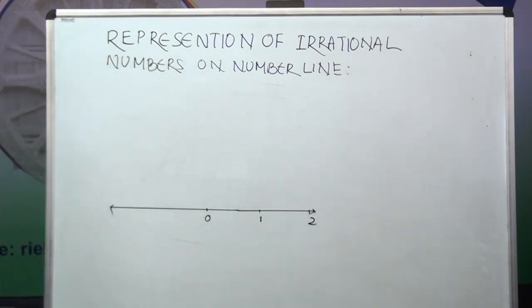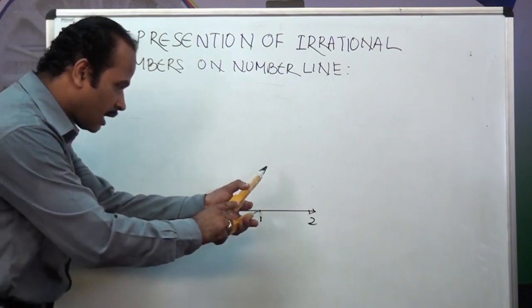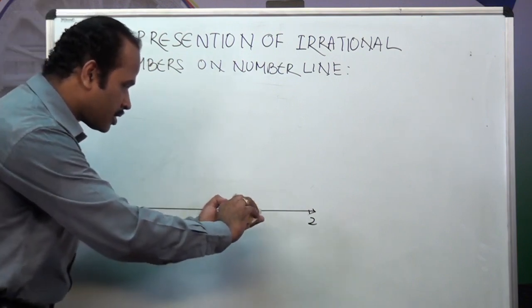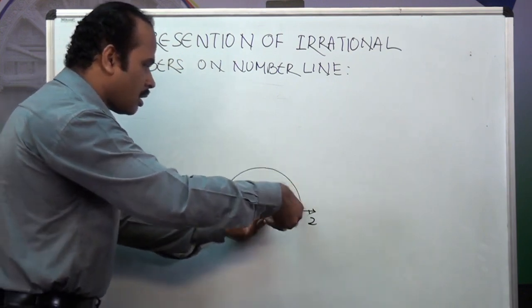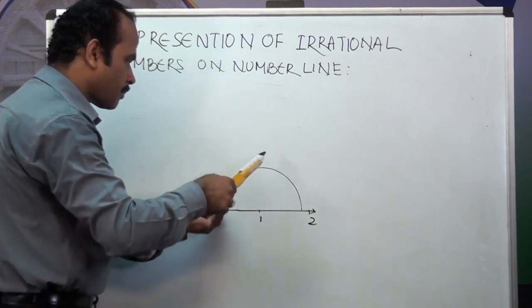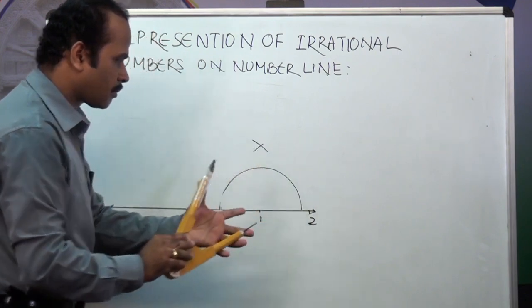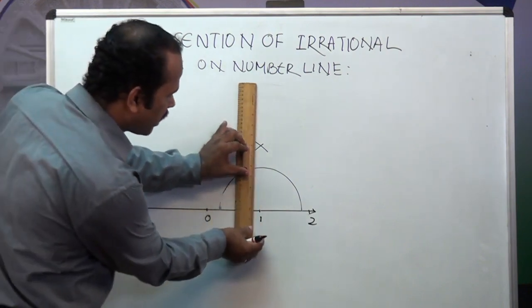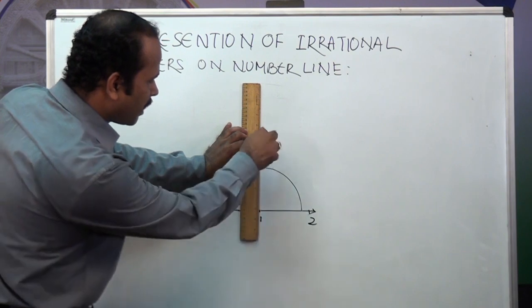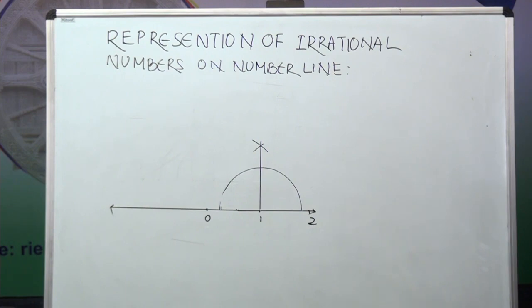Now with this 1 unit, let me find a perpendicular at 1. As I have seen, we can construct a perpendicular over there. Now this is the perpendicular we have constructed.